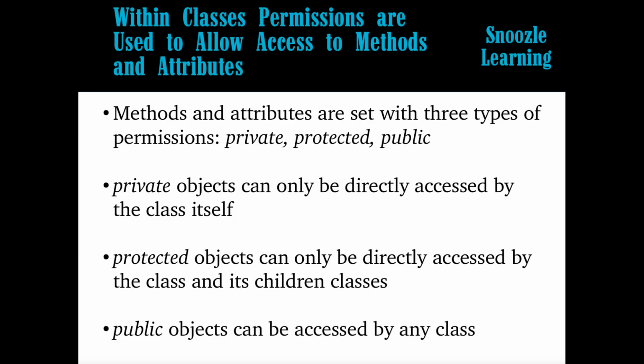And a public method or attribute is one that can be accessed by anyone outside of the class. I'll show what these mean later, but the idea is you can have different layers of protection for certain values within a class.